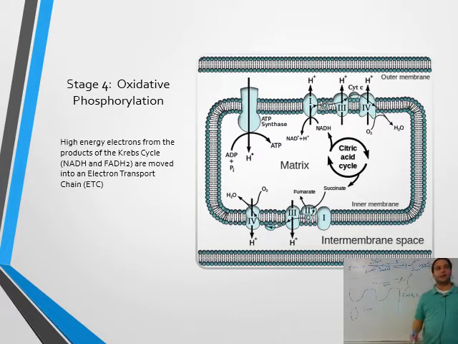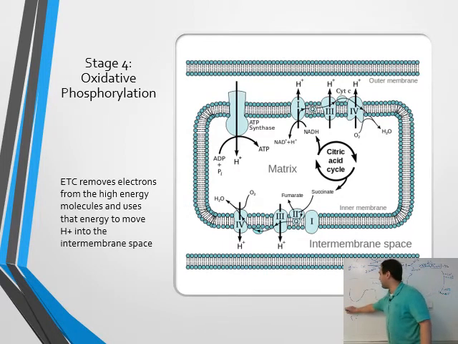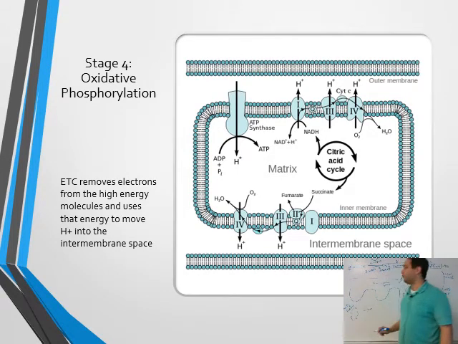It's produced a bunch of NADH and a bunch of FADH2. We are going to move the NADH, carrying its electrons, and FADH2 to the electron transport chain.